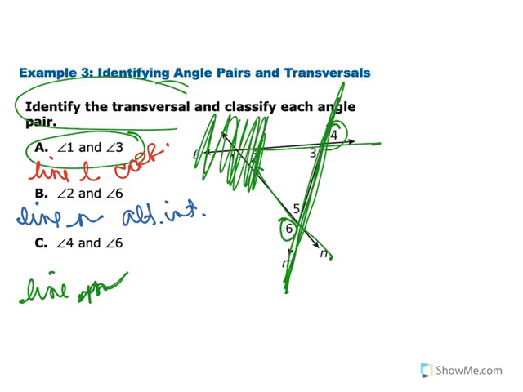And 4 and 6, here's a line, here's a line. So 4 and 6 are both outside, so they're exterior. And the only exterior one we have is alternate, and they are on opposite sides, so they're alternate exterior. Please ask questions if you have them. This is huge. This is so important that you understand and you know how to do this.